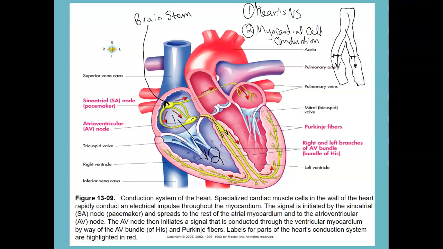This ensures that we have a stable rhythm that's responding to levels of CO2 in the body. So if CO2 goes up, that means your cells are using more oxygen and spitting out more CO2, and you start feeling the need to breathe harder to get rid of that CO2. We'll talk about this in the respiratory system.